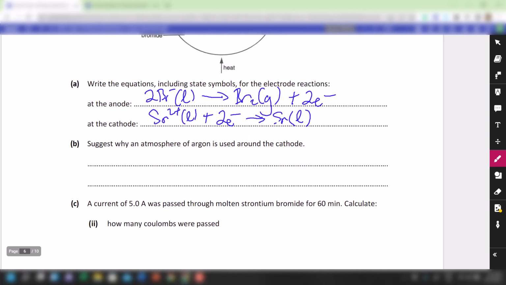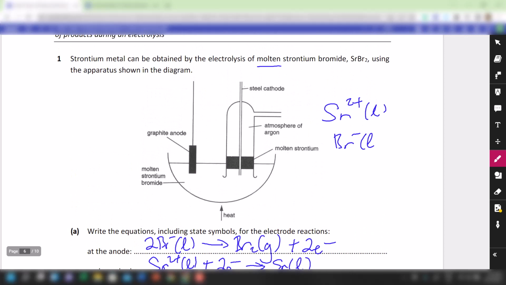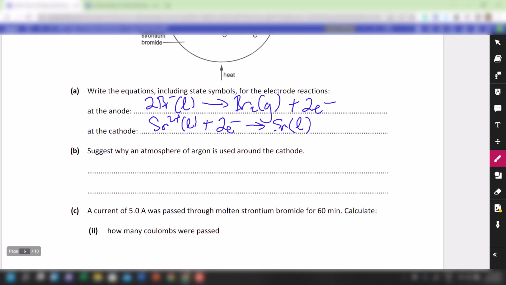Then for part B, the question asks, suggest why an atmosphere of argon is used around the cathodes. You notice that over at the cathodes here, it is surrounded by an atmosphere of argon. I think we can easily reason this out, because strontium being a group 2 metal, its 2 valence electrons are relatively loosely held.